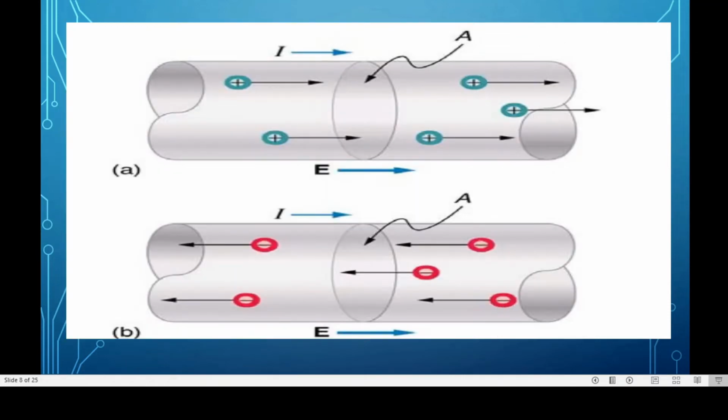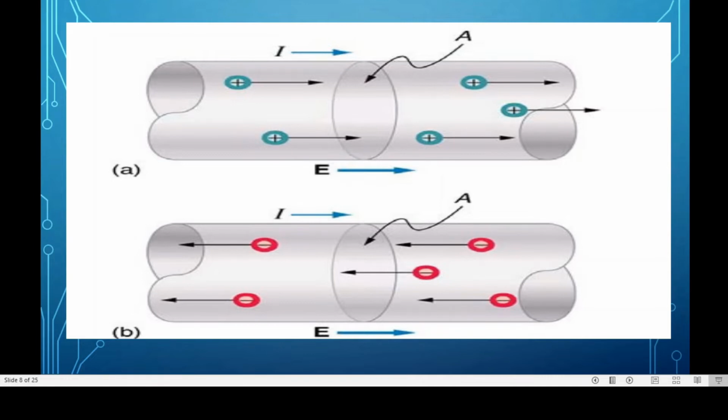You will understand that current I is the rate at which charge moves through an area, such as the cross section of a wire. Conventional current is defined to move in the direction of the electric field. In the first diagram A, it shows that positive charges move in the direction of the electric field and the same direction as conventional current.